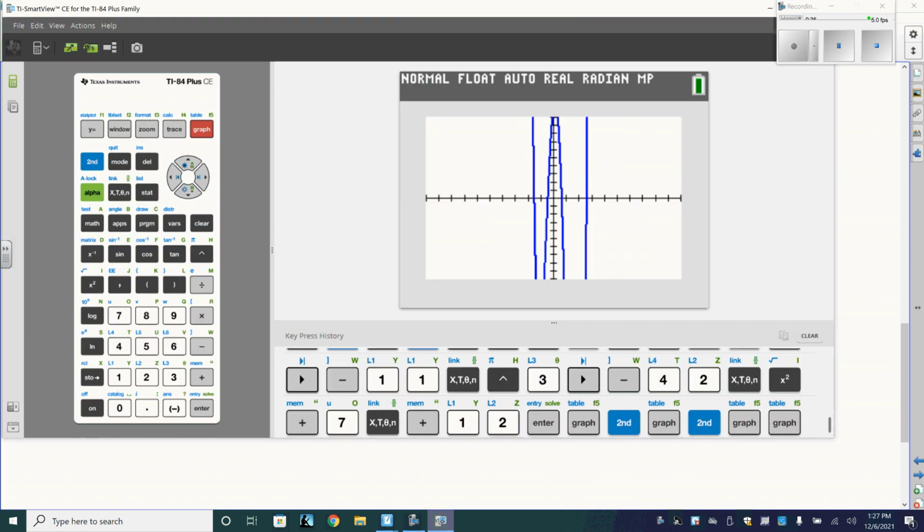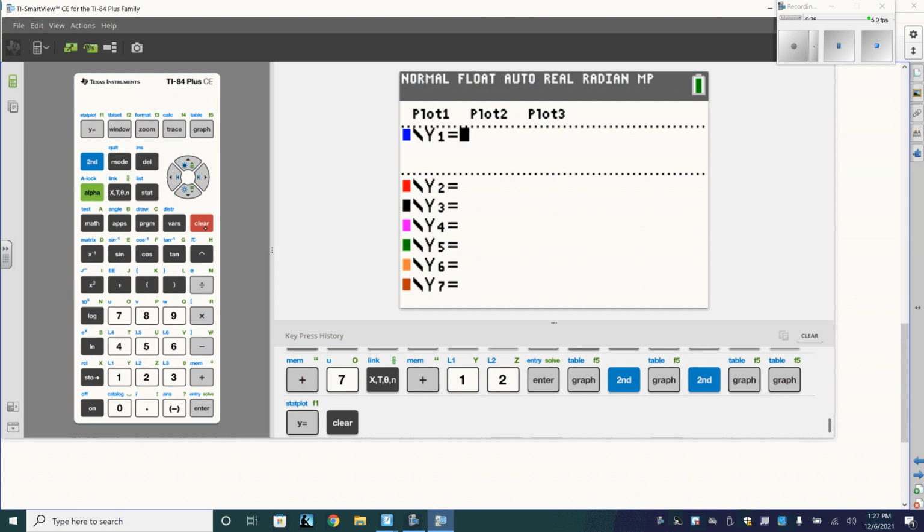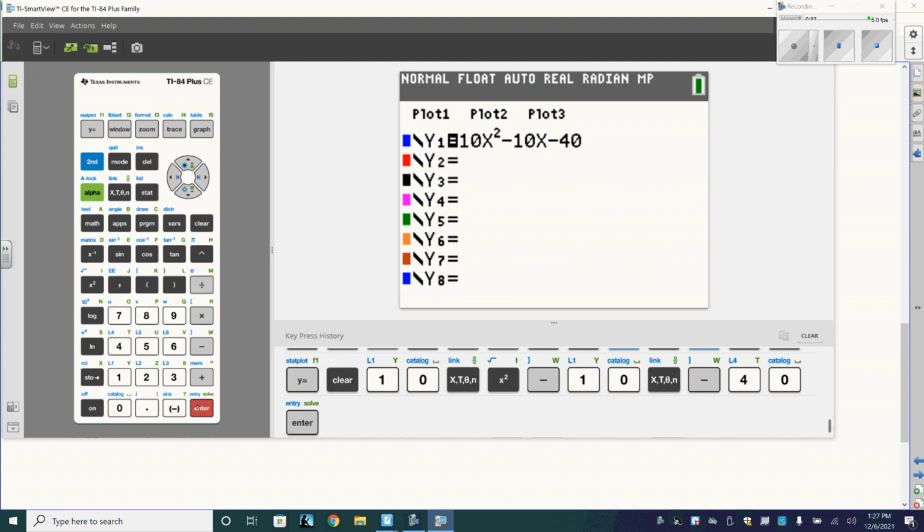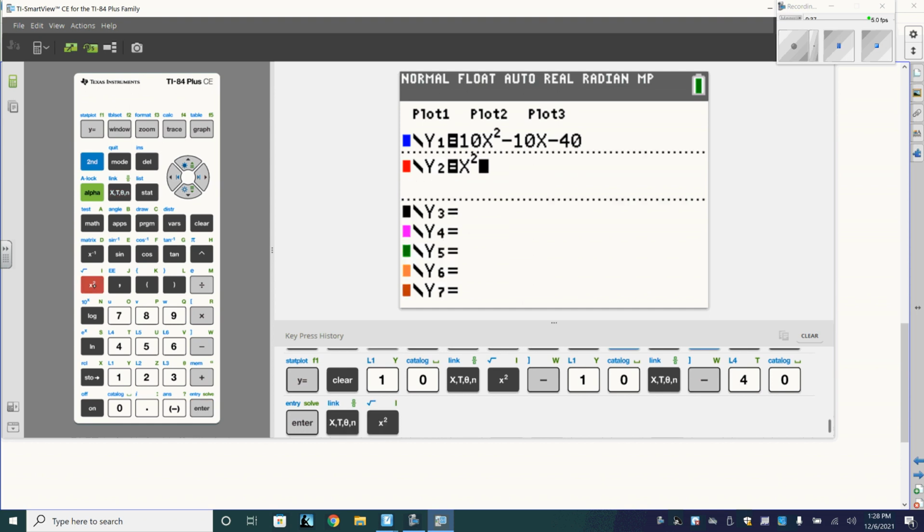Now there is one interesting thing I want to show you, and that's dealing mainly with the division of 10, because we had 10x squared minus 10x minus 40, which was our one equation, yes? Now we divided everything by 10, which left us with x squared minus x minus 4. These look like very different equations, but just the numbers in front changed, yes?